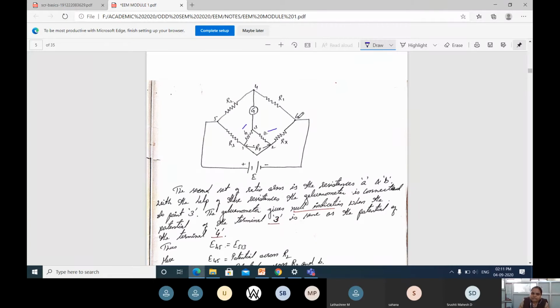Then across 6 and 2, the unknown resistance Rx, and between 5 and 1, the resistance R3, along with 1-3 and 3-2, resistances B and A connected respectively.